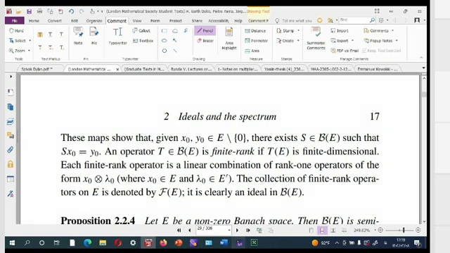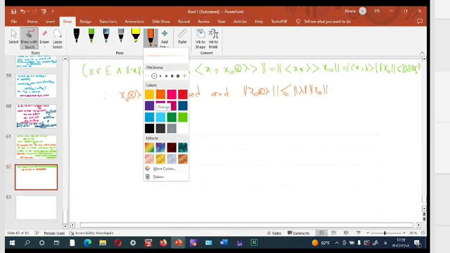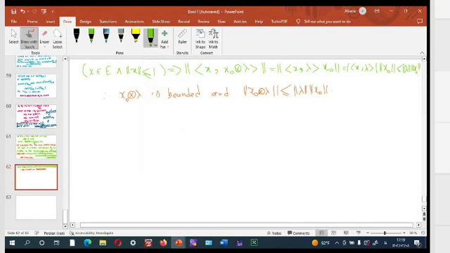If T belongs to B(E), you know that T is a bounded linear function from E to E, and so T(E) is a subspace of E, and E is a vector space and T(E) is a vector space.